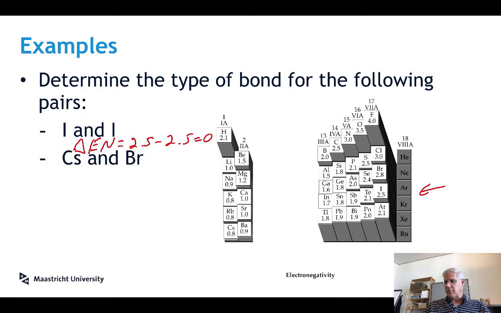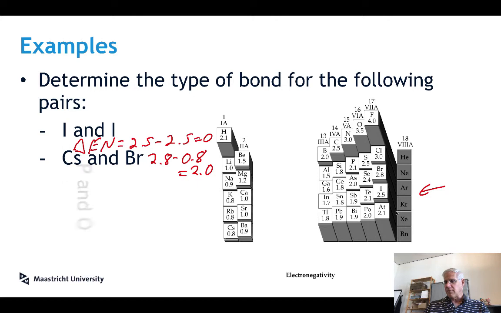If we have cesium and bromide, cesium is 0.8, our bromide would be 2.8, so we have 2.8 minus 0.8. We always take the bigger number minus the smaller number, and that gives us a 2.0, so that gives us an ionic bond, which we would expect between the metal and the non-metal.